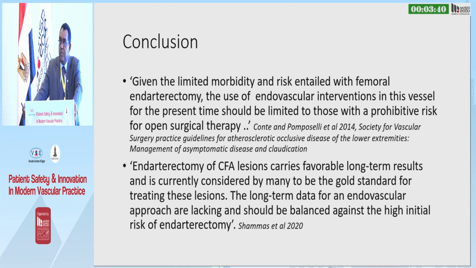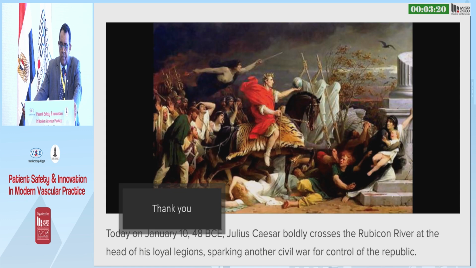And even the epidemiologists, Wu et al., did a review, which is always valuable, to see how the epidemiologists see it, that probably endarterectomy remains the gold standard, but the long-term data of endovascular treatment at the moment is lacking, but should be forthcoming in the near future.